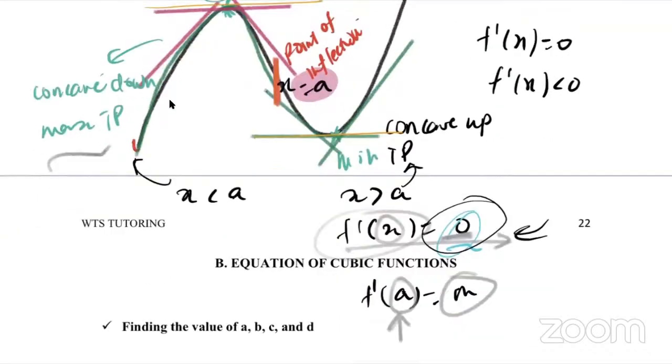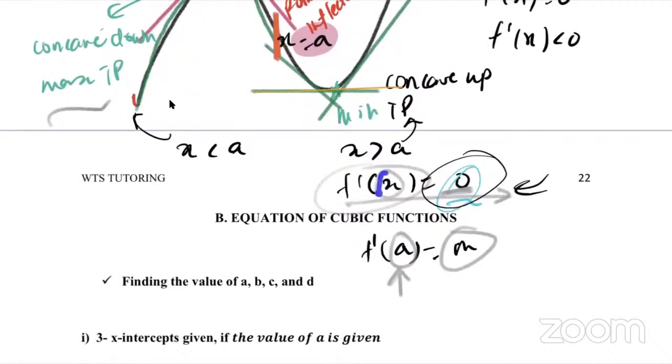Okay, so this value here that we solve for when we equate this to 0 is the gradient. Remember, it's not the same as the 0 for the function y or f of x. This one is for the gradient, it represents our slope.